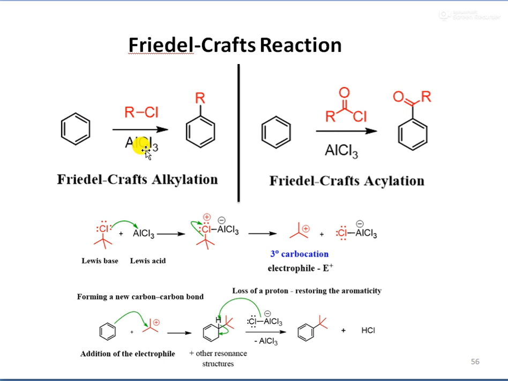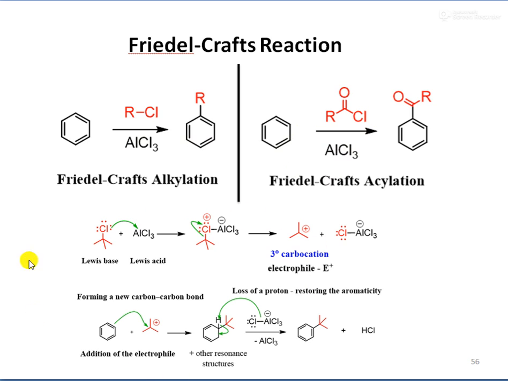So the common factor is that these reactions can be done on either a benzene ring or a phenol or any other aromatic compound, but the catalyst used here is the same, that is AlCl3. For alkylation, an alkyl halide and AlCl3 are used. In acylation, an acyl chloride and AlCl3 are used.